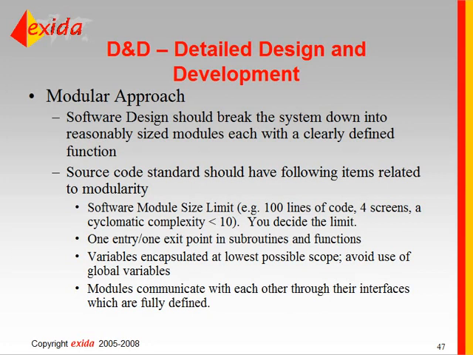If it's a global variable, it's quite possible it's changed somewhere else that person does not realize at all. So by declaring them at the lowest scope possible, only that file or function can access that variable, and that should be the goal. Modules communicate with each other through their interfaces, which are fully defined, and you don't use global variables.